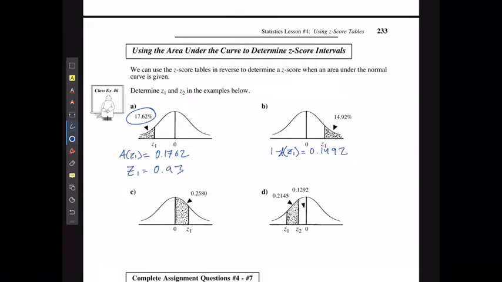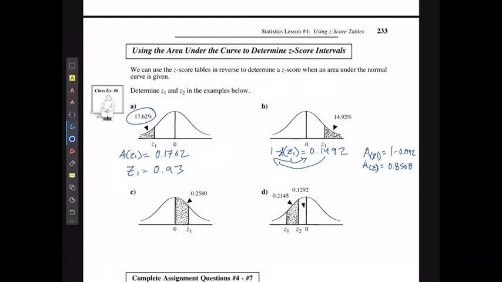I would, to make this positive, move this to the right, and I would subtract this from 1 and say that the area of z1 is equal to 1 minus 0.1492, or the area of z1 is going to, in this case, equal 0.8508.